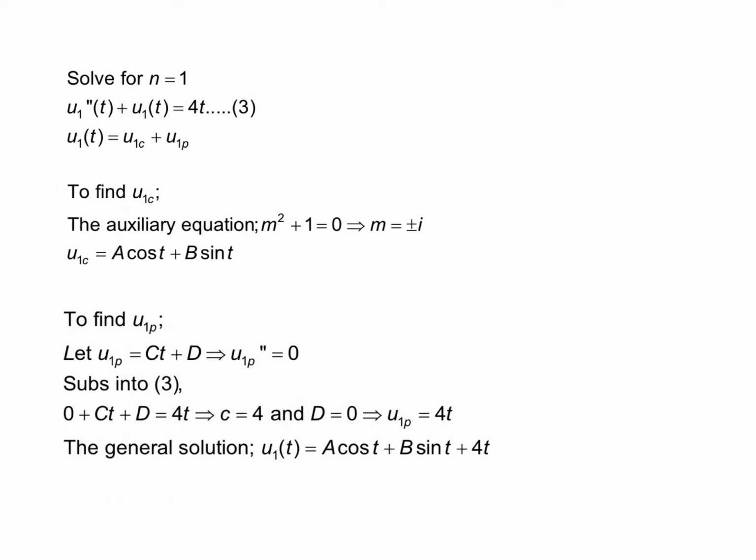Just write it back for n equal to 1. So we have u1 double prime(t) plus u1(t) equal to 4t. So this is called a second order ODE. This can be solved by using the undetermined coefficient method, where we have u1(t) equal to u1c plus u1p.